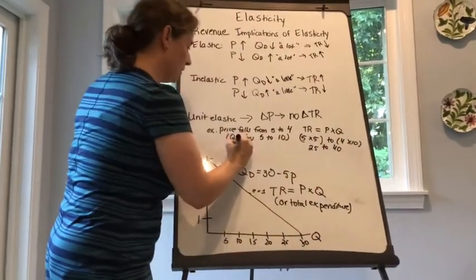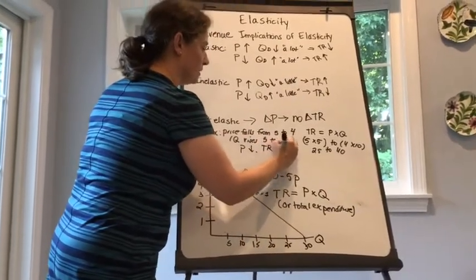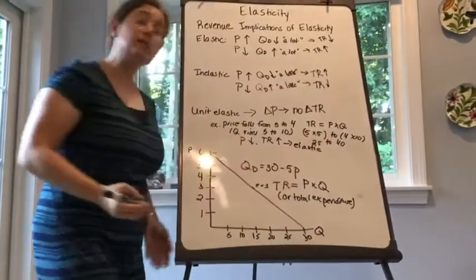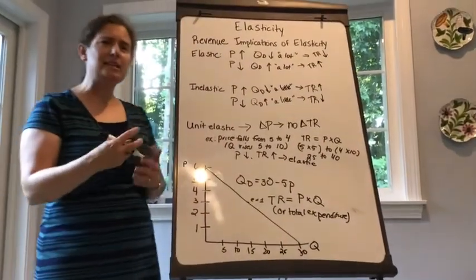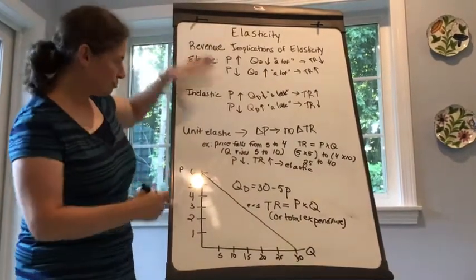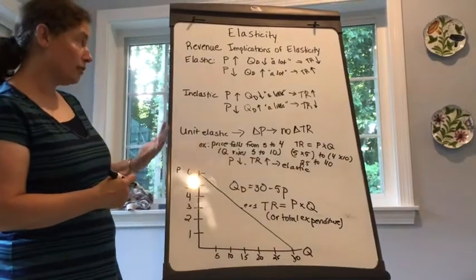What did we see? Price falls, total revenue rises. That's consistent with demand being elastic or relatively sensitive to price. So I just want to put some numerical calculations here to confirm that.